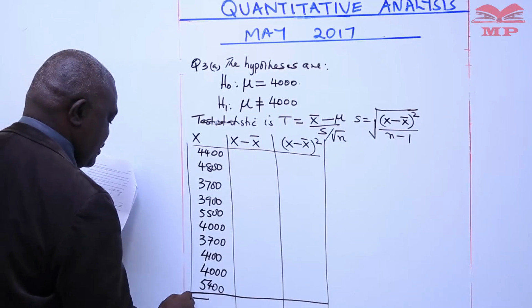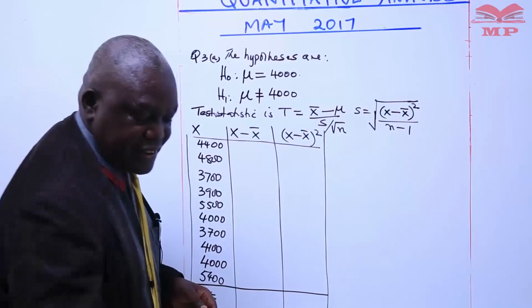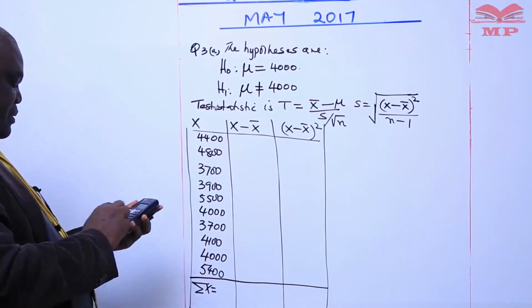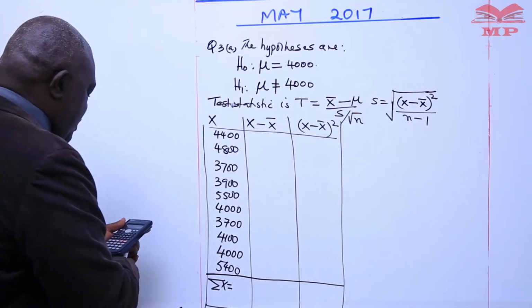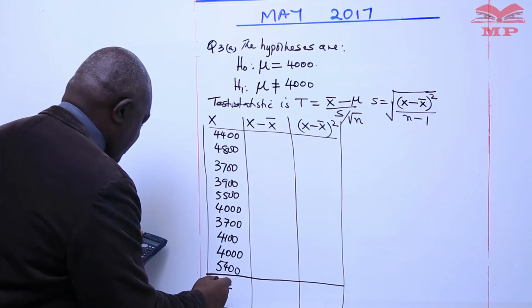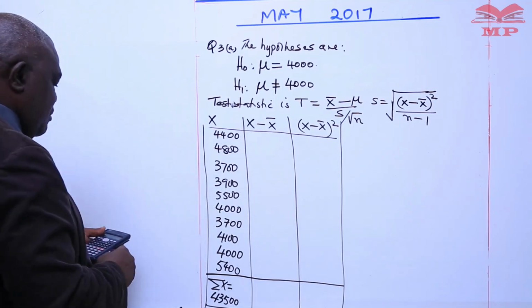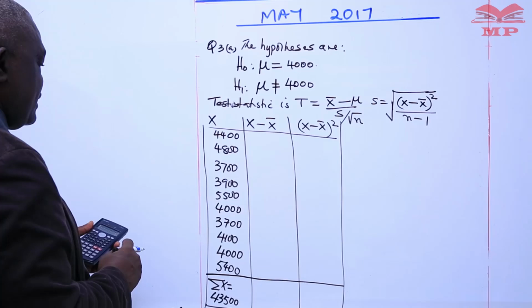Down here, I must have my sum of X. I use my calculator to add them, and this gives me 43,500.